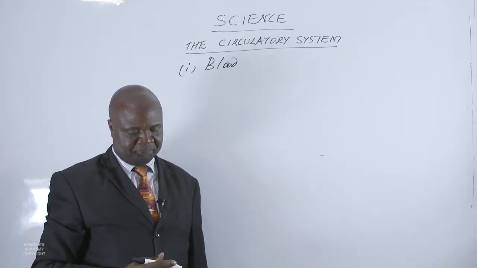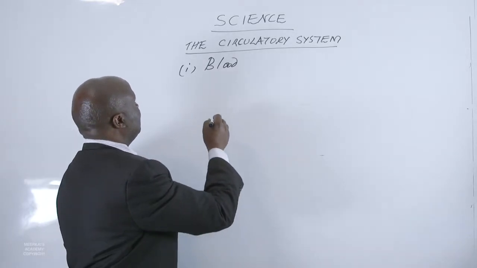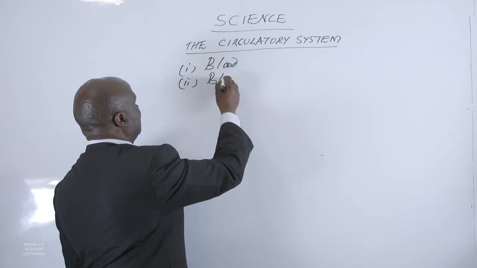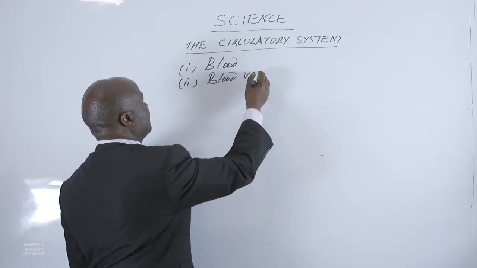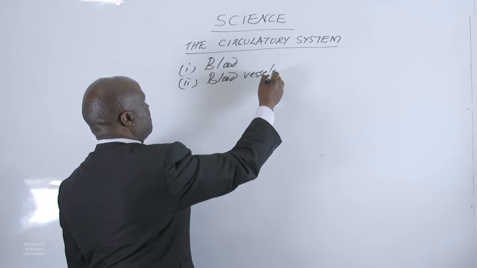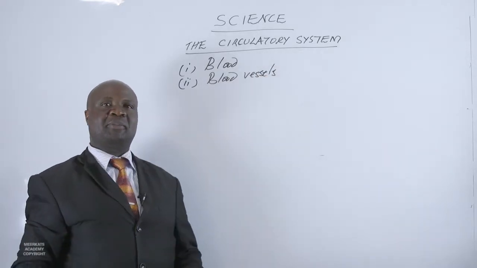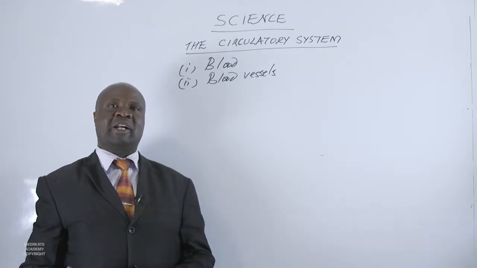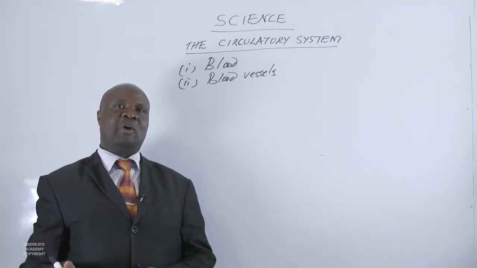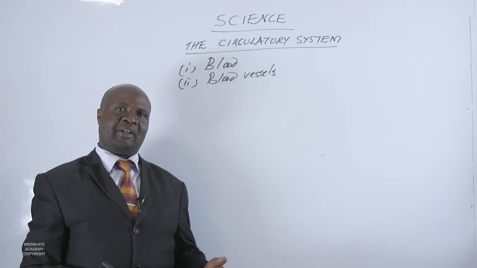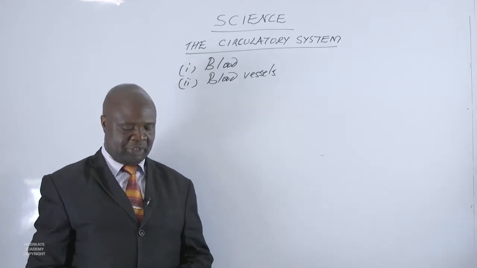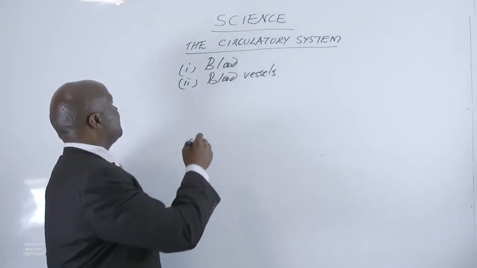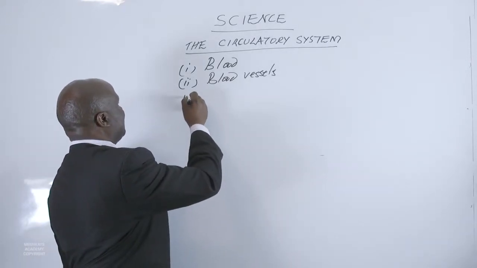Then two, we have blood vessels. Blood vessels are important because they are responsible for carrying blood with the nutrients and so forth from one part of the body to the other. Then after blood vessels, we have the heart.